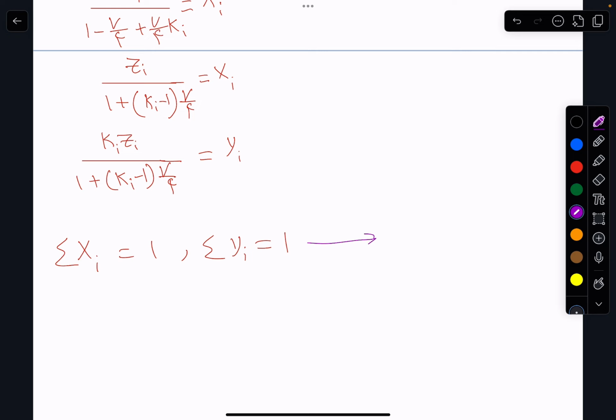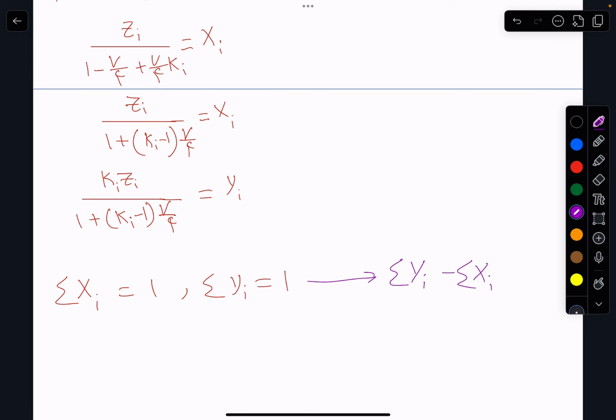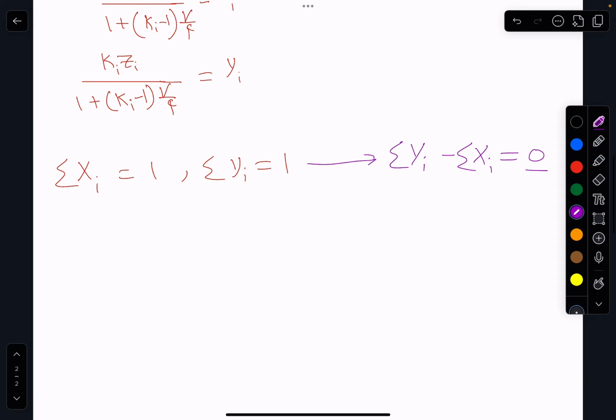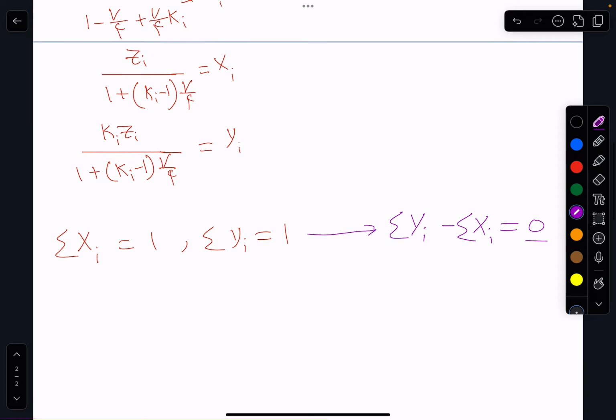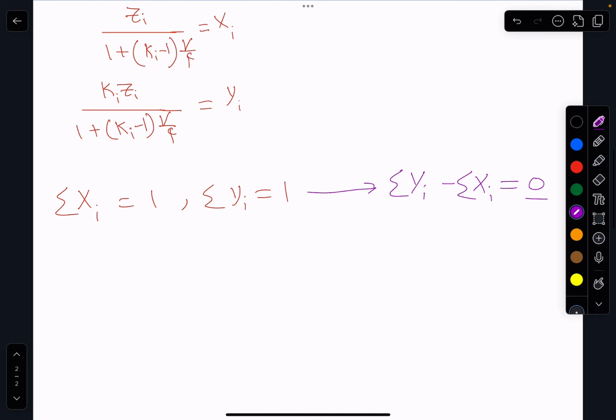So the sum of all Yi minus the sum of all Xi will equal what? To 0. And that's what we are going to do to get the Rachford-Rice equation.